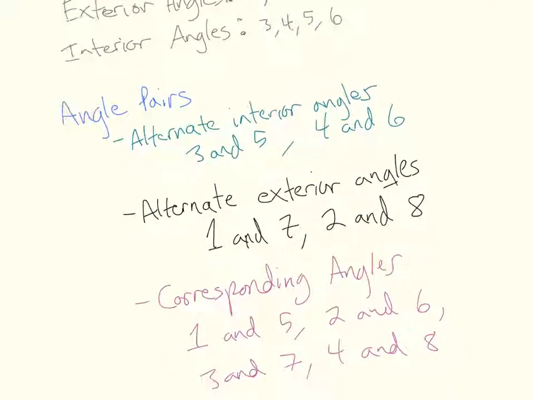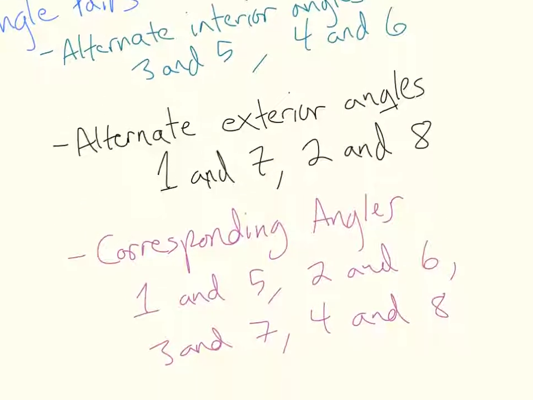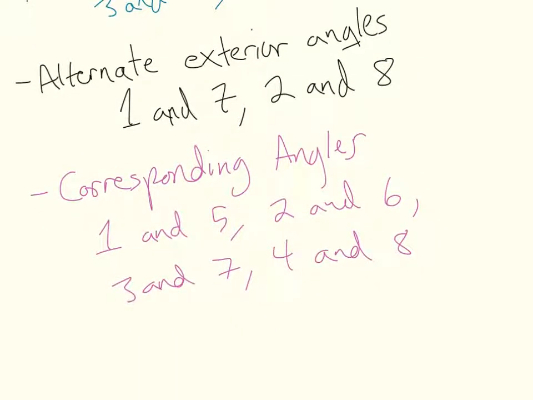Last but not least, we have what's called corresponding angles, and these just have to do with matching angles in terms of their position on both sides of where the transversal meets or crosses through your parallel line.